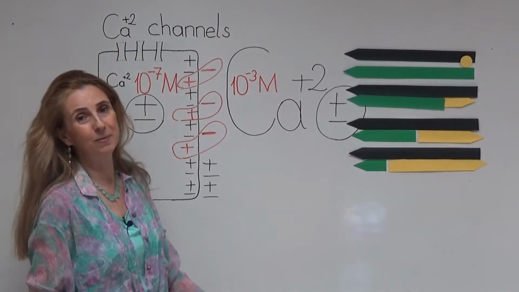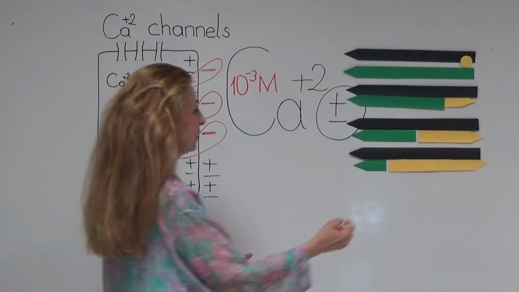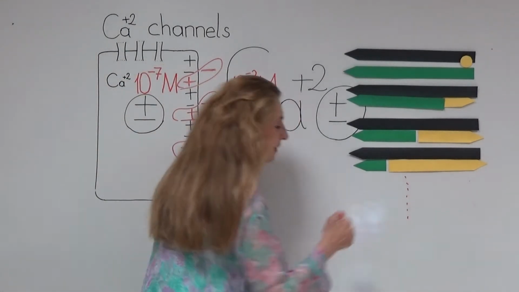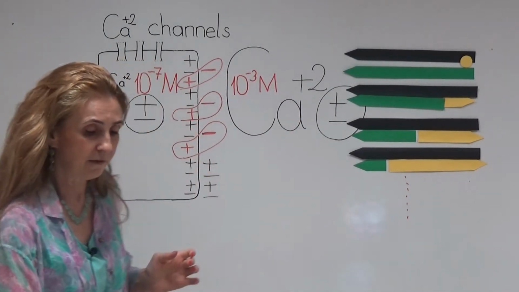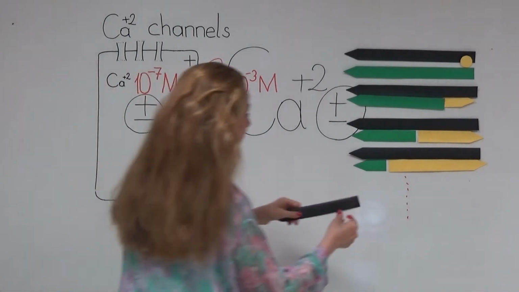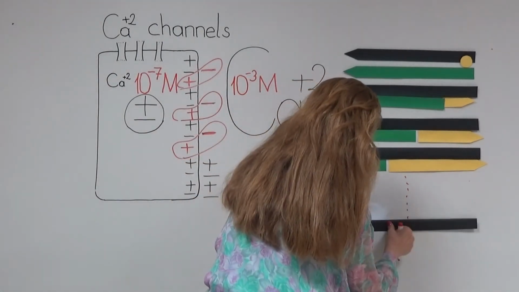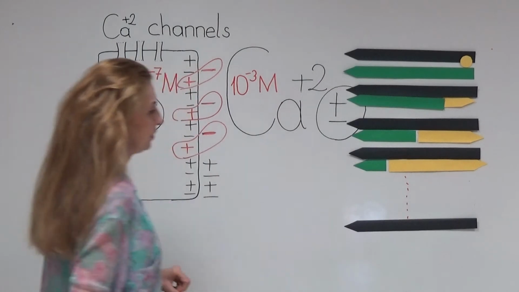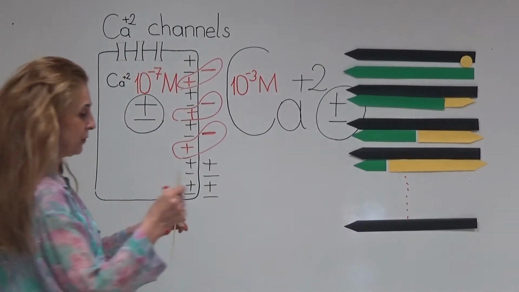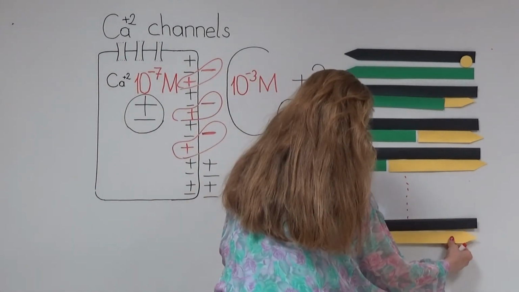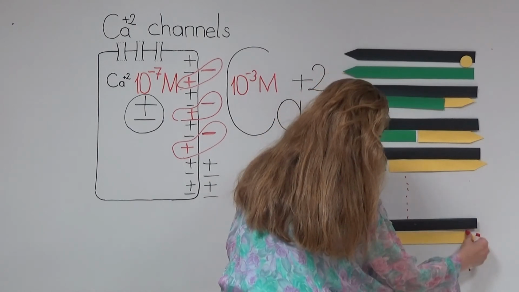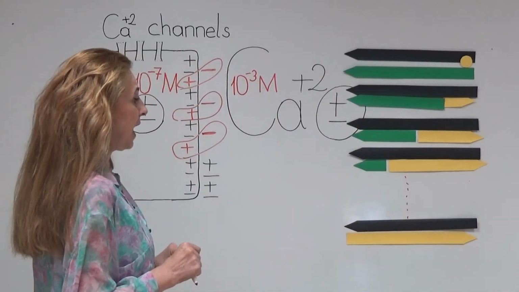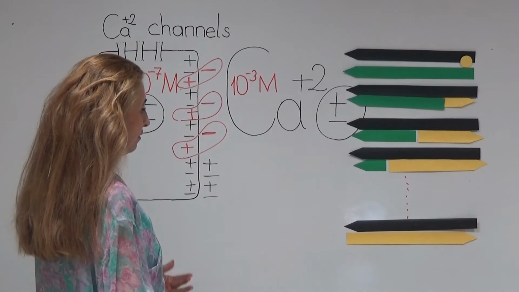Okay, how many steps do we need? When is this going to stop? What will happen in the end? Everything will come to an equilibrium point when the concentration force produces an electrical force equal in size to it and in the opposite direction.